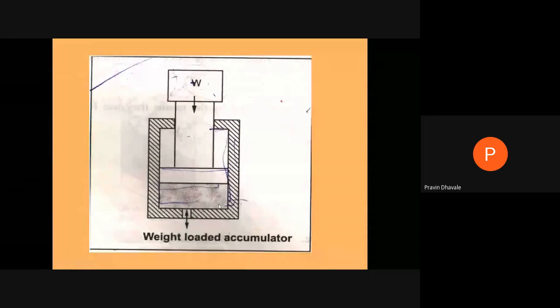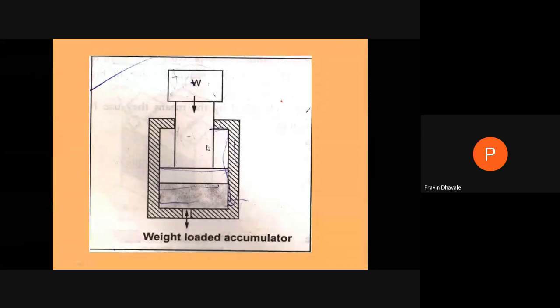Whatever the pressure on the fluid within the accumulator, when the piston is moving from top to bottom, it will remain constant. That is, it will supply constant pressure for the full stroke of the piston, and it can supply a large volume of fluid under high pressure. These are the two advantages of the weight loaded accumulator.